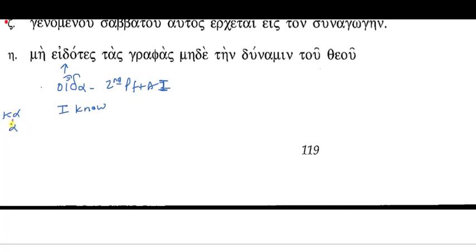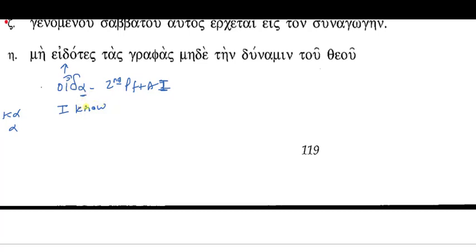The alpha by itself is the second perfect tense formative. So what you're seeing with that alpha, that is the second perfect tense formative. And then you add your personal endings afterwards. So if it's lelyka, lelykas, lelyke, it would be oida, oidas, oide. For I know, you know, he, she, or it knows. Oidamen, oidate, and then oidasin.